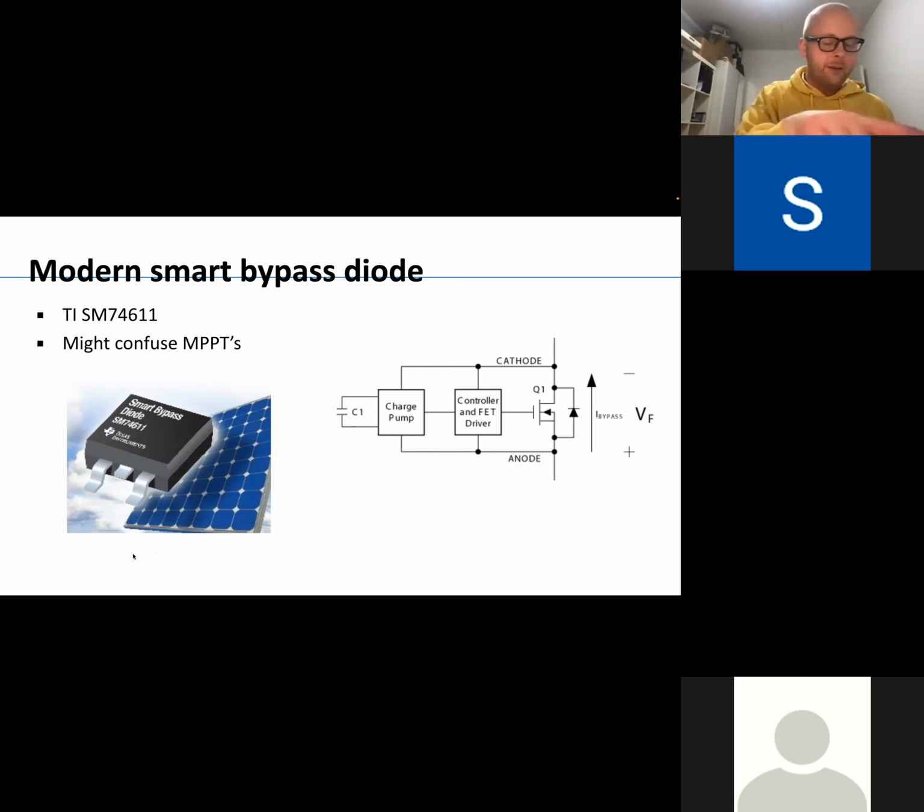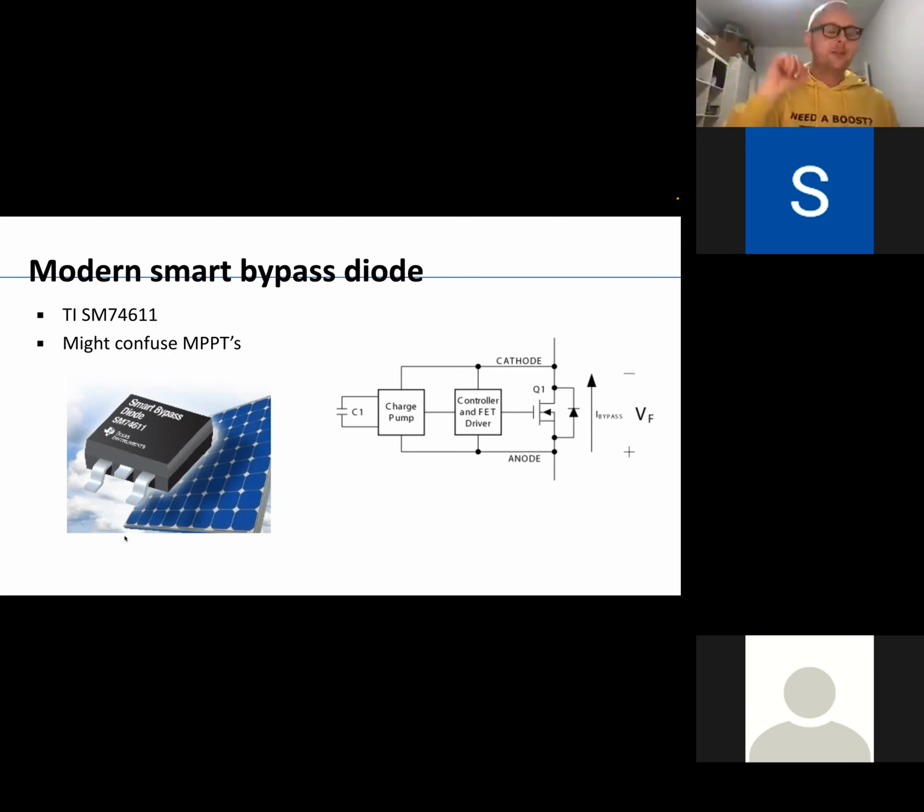So when your MPPT is tracking an IV curve, it should be doing that by decreasing the voltage and then tracking an entire curve, and then based on that curve select the maximum power point, rather than tracking an IV curve while increasing the voltage, because when you increase the voltage, it makes that bypass diode turn off again, and that takes a little bit too long with smart bypass diodes.